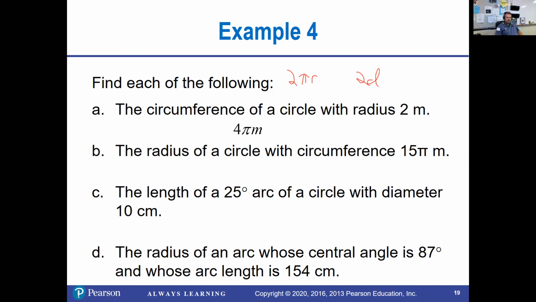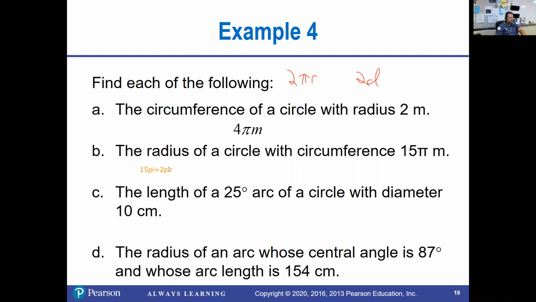Okay, the radius of the circle if the circumference is 15 pi. All right, so what do they want us to do here? They want us to take 15 pi and make it equal to 2 pi r. Now, that's not the best way of writing it, but you get the gist.